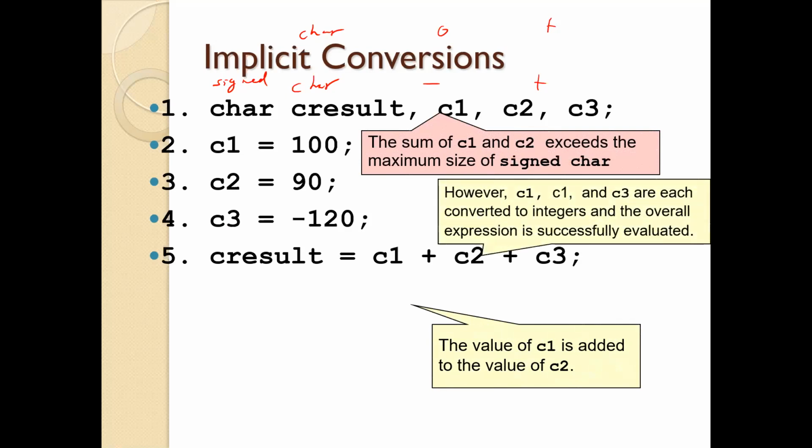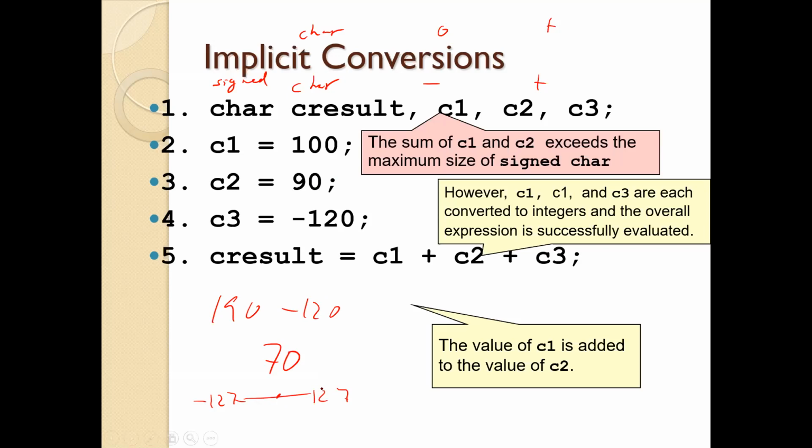However, C1, C2 and C3 are each converted to integers, and the overall expression is successfully evaluated. That's the trick. In this case, we end up with 190, but then minus 120, that's not 60, that's 70, right? And 70 fits within the range of minus 128 and 127.